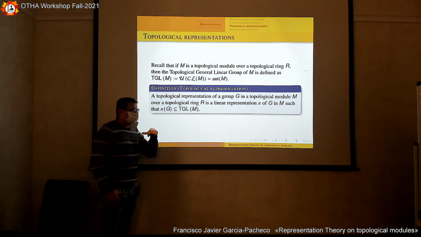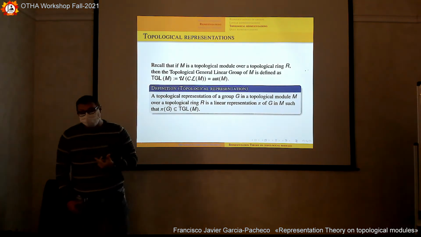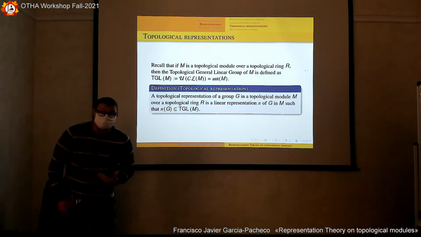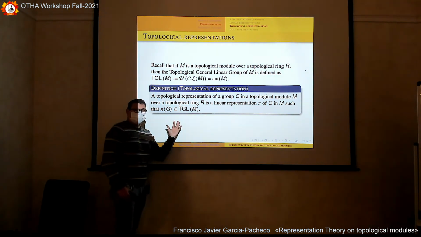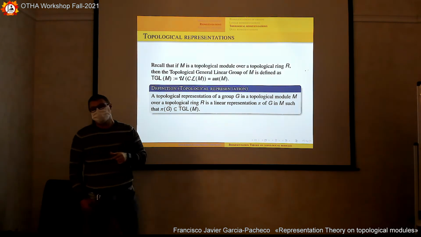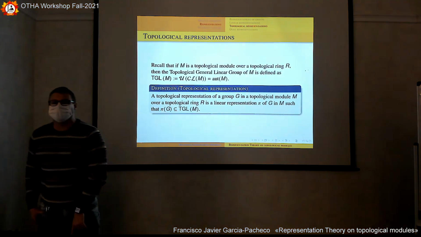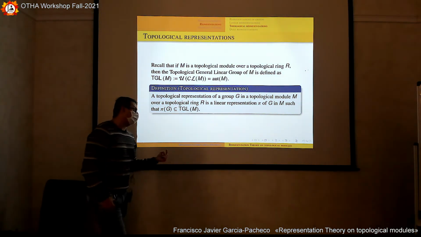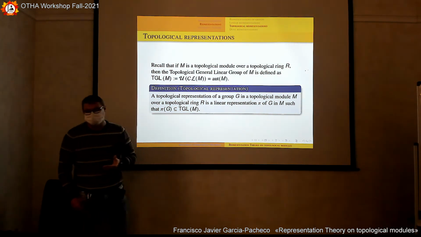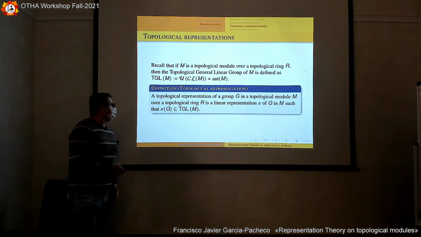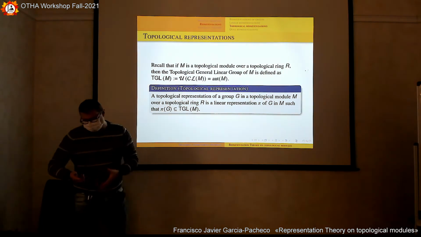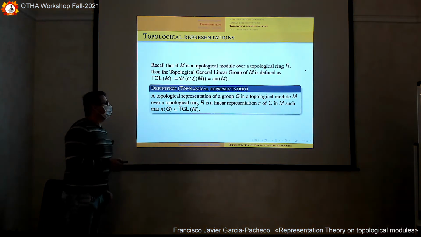But you can regard all linear representations as topological representations also, because if you have a module over a ring and you have no topological structure, you can always endow both of them with the discrete topology. If the ring is endowed with the discrete topology and the module is endowed with the discrete topology, then those topologies become module topologies. And automatically the topological general linear group coincides with the general linear group, because all linear maps would be continuous.